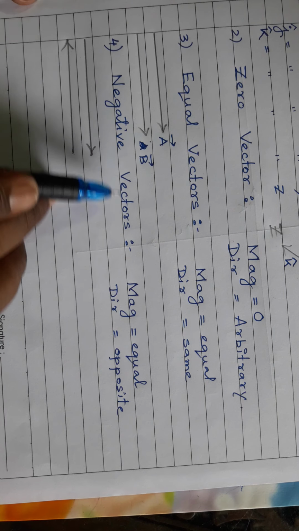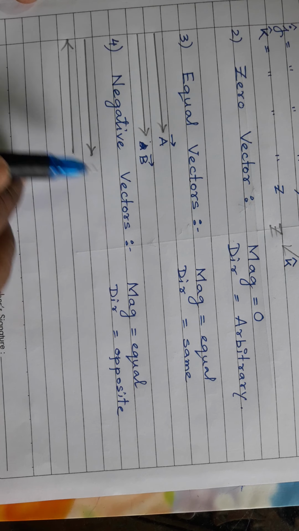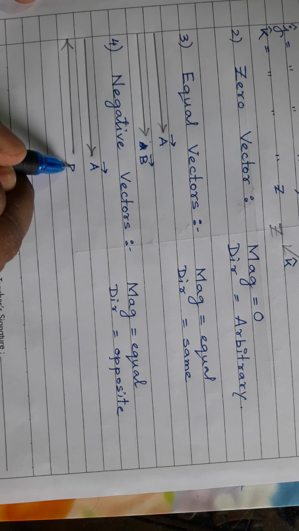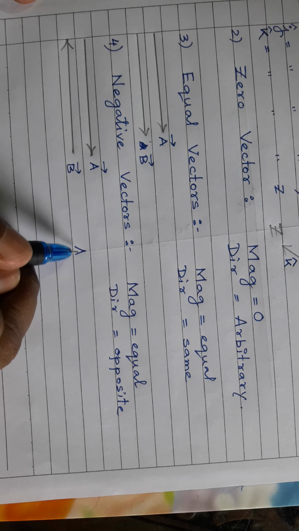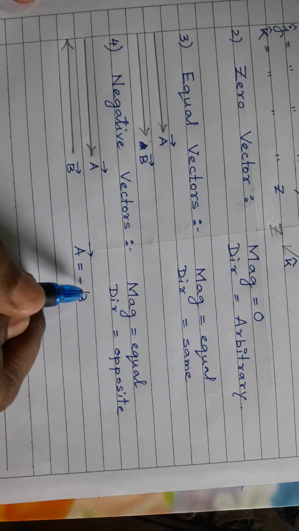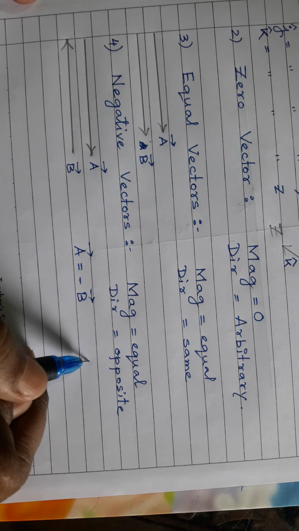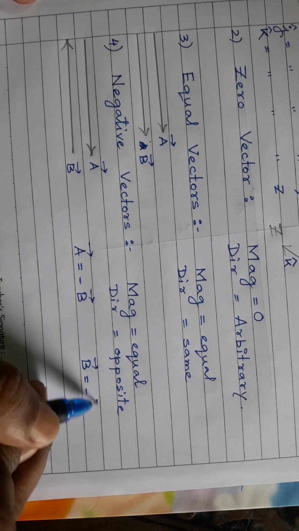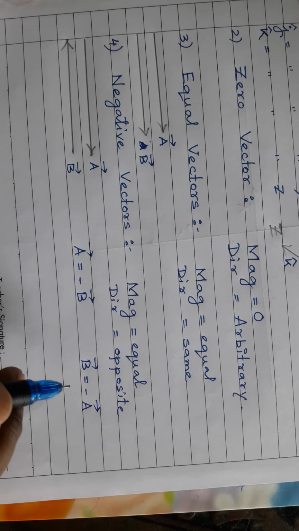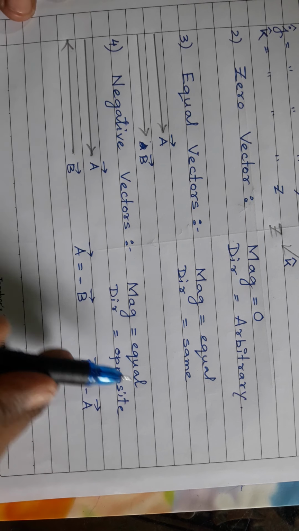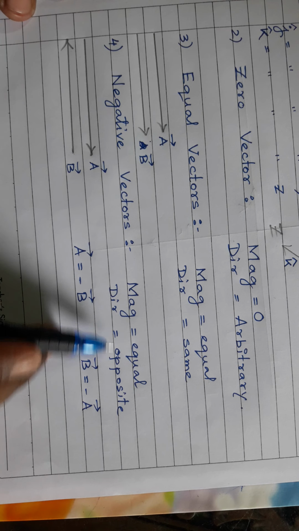Next comes negative vectors. Suppose A and B are two vectors. Then A is called the negative vector of B, that is A equals minus B, or B equals negative vector of A, if their magnitude is equal, same length, but direction opposite.